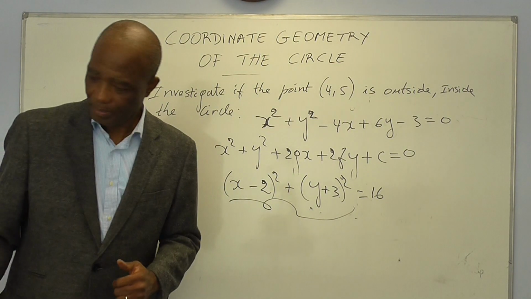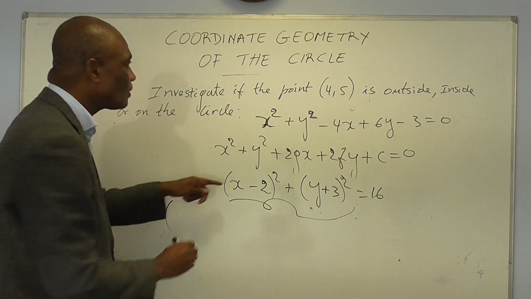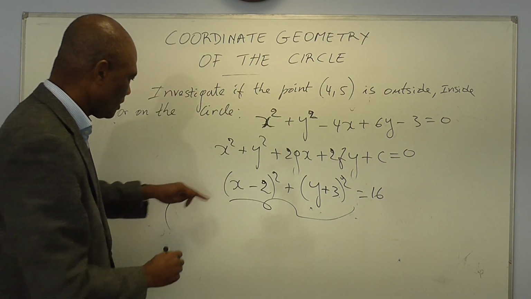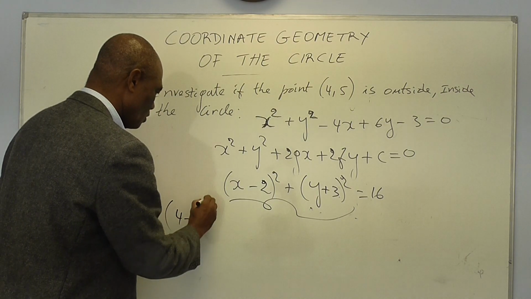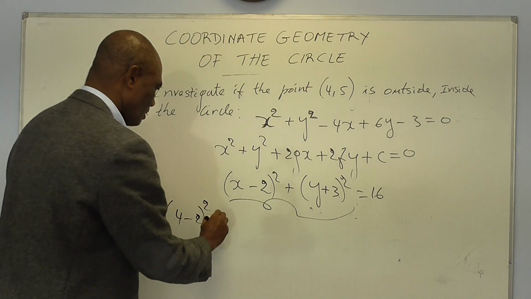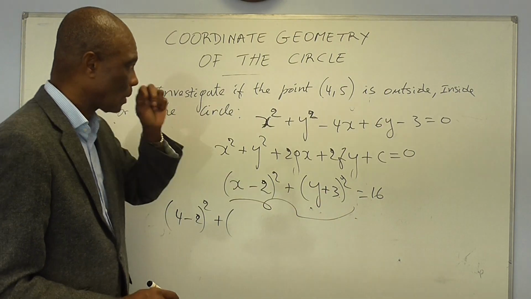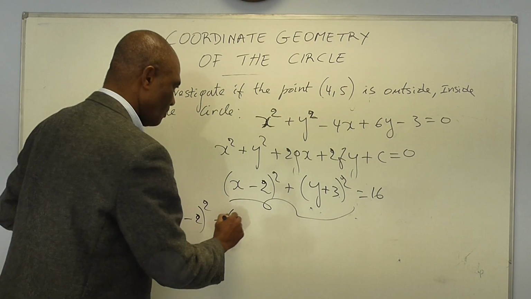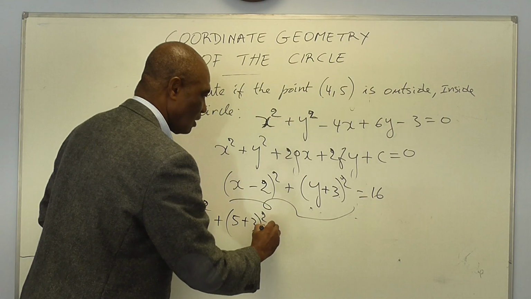Now, we are going to check it. So the point, this is x, this is y. I put there 4 minus 2 squared plus y plus 3, so 5 plus 3 squared.